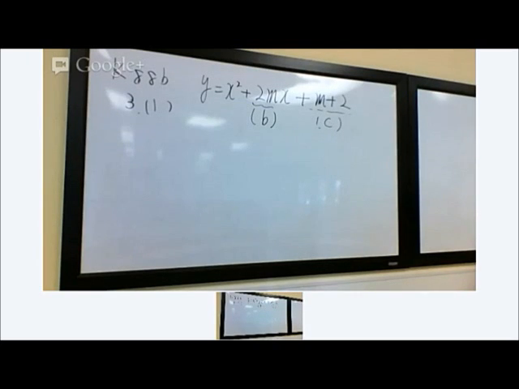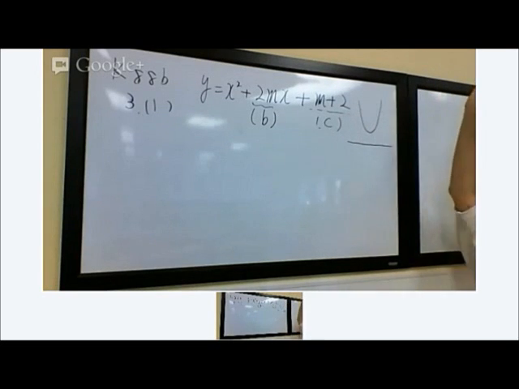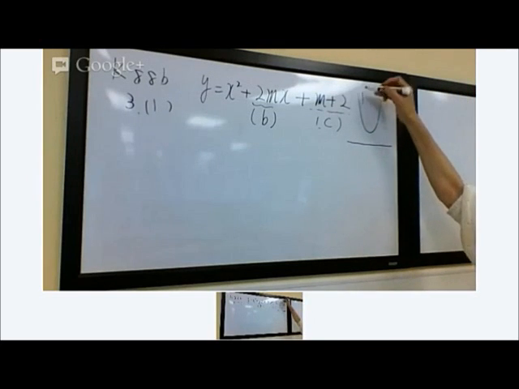Number one, the graph is above the x-axis, so D is less than 0. We did this one, right? Let's review. D is less than 0. This is number one.